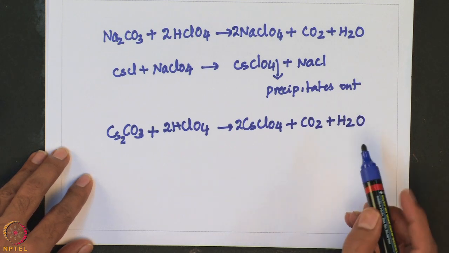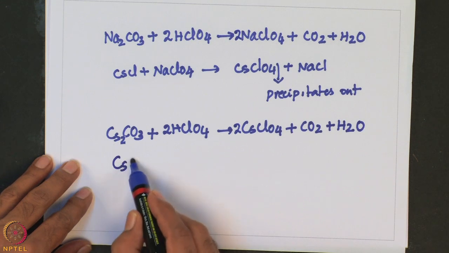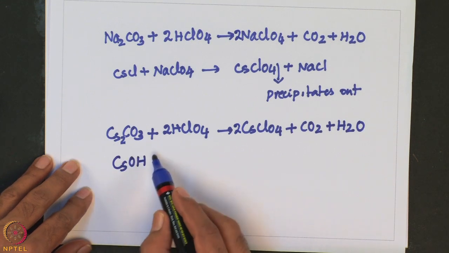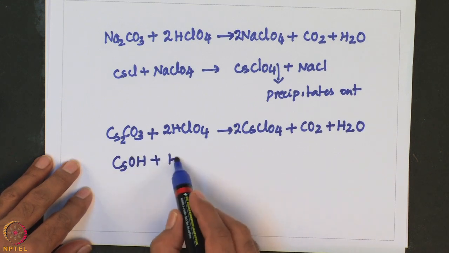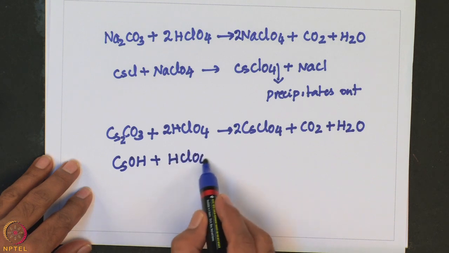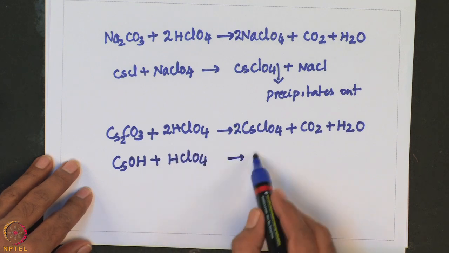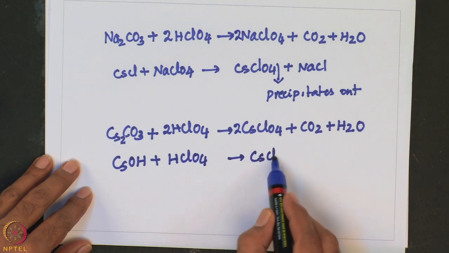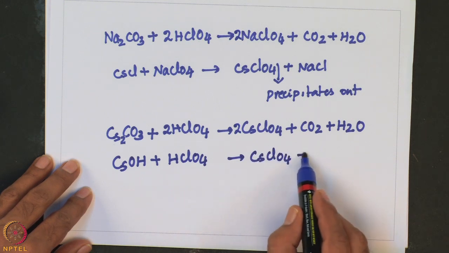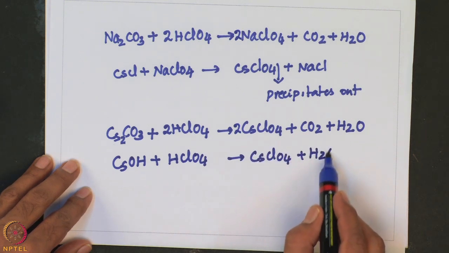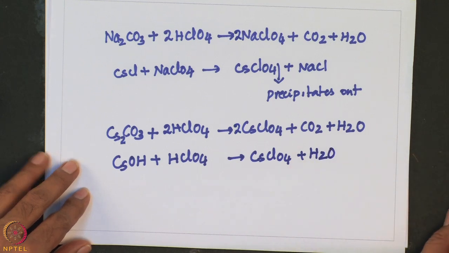One can also start conveniently from cesium hydroxide, for example, CsOH plus HClO4 gives CsClO4 plus H2O. That means we have several options while making sodium perchlorate or cesium perchlorate.